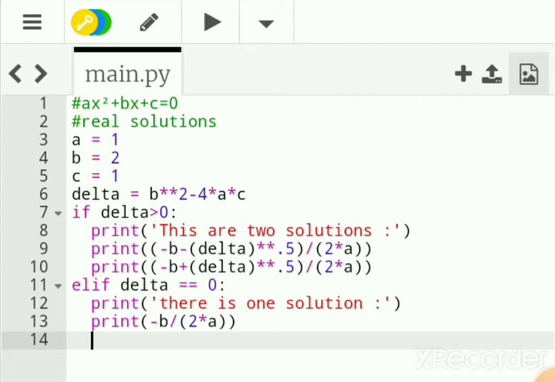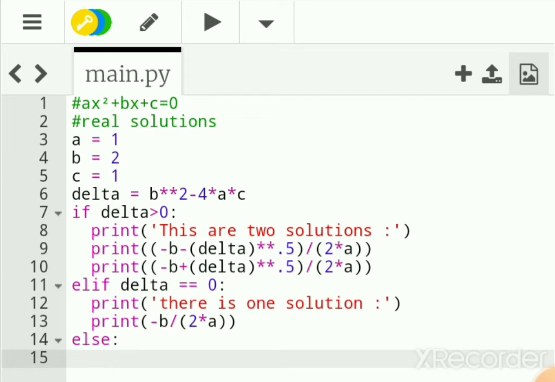And finally, here we can repeat elif. If we have another condition, we can write elif delta is not greater than 0, but it is less than 0. We can write it, but if we have just one last condition, we can simplify and write just else, two points, and return to the line with the tabulation.